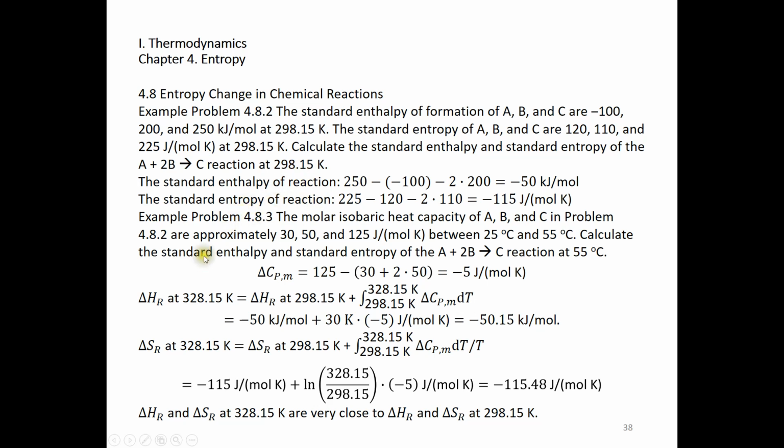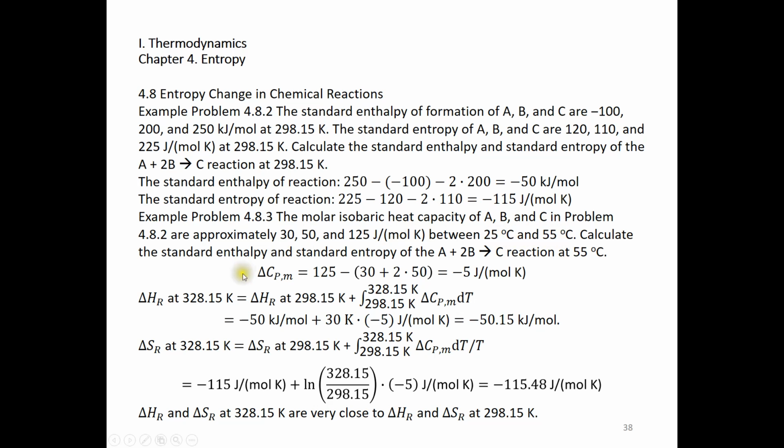Alright, and now we're going to assume the molar isobaric heat capacities of A, B, C in problem 4.8.2 are approximately constant, with these values, between 25 degrees Celsius and 55 degrees Celsius.